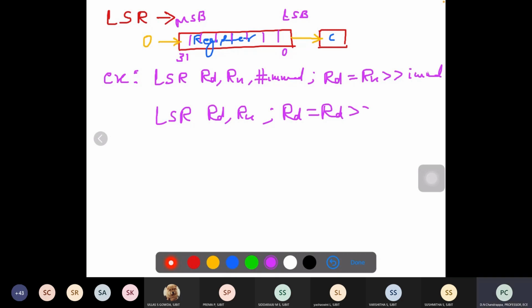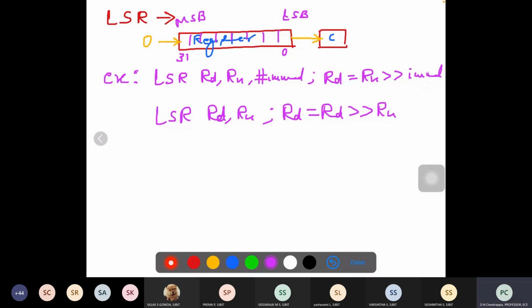And another syntax: LSR RD comma RN. The syntax should be RD equal to RD, holding the data in registers, shifted right by the specified number of bits indicated by RN.